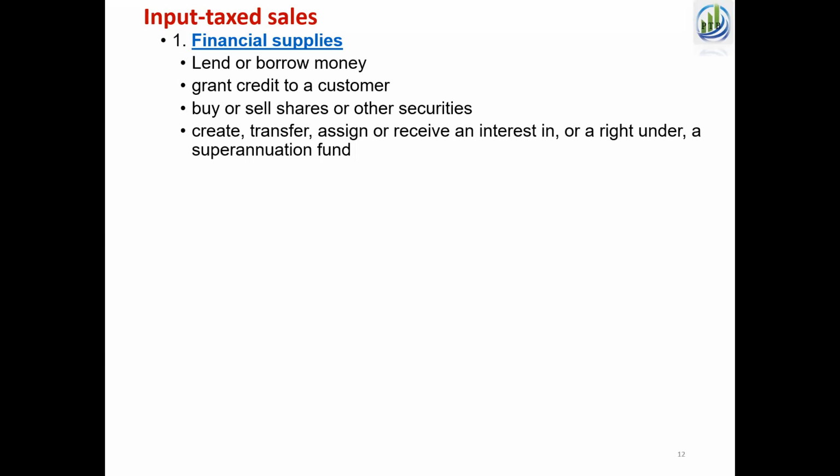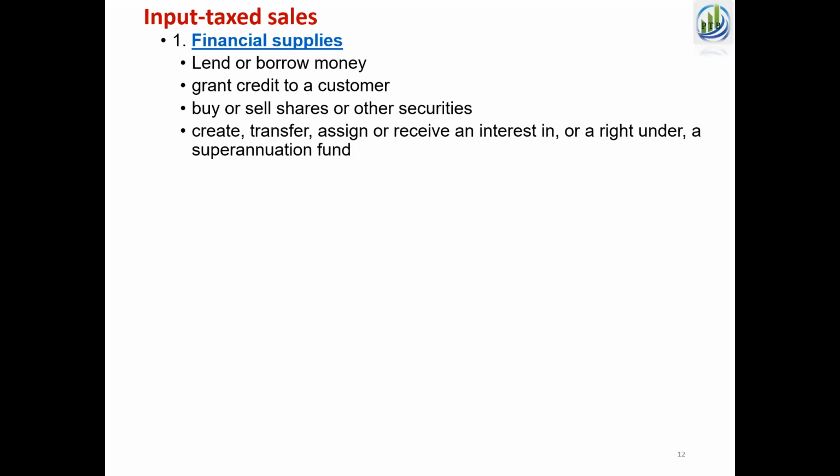Right? However, when the banks are providing services other than lending and borrowing, they will charge the GST. For example, your EFTPOS machine: when you're using an EFTPOS machine, the bank will charge merchant fees. That's 10% GST applicable.